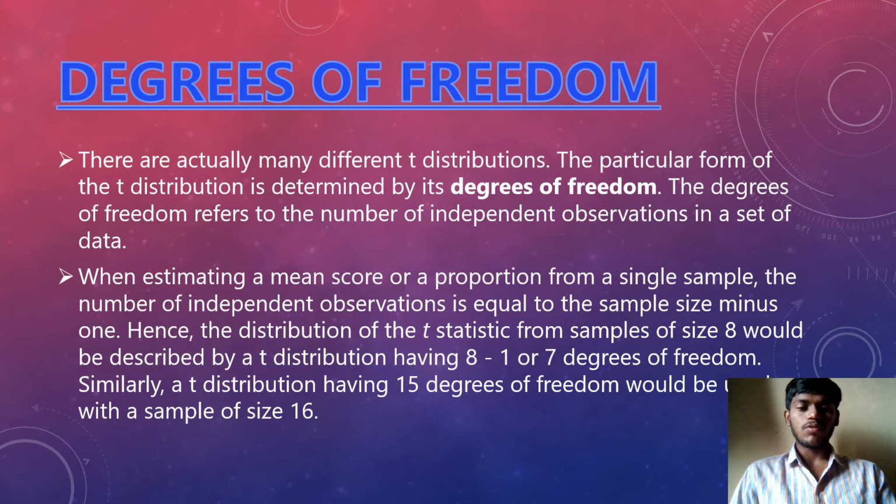Hence, the distribution of the t-statistic from a sample of size 8 would be described by the t-distribution having 8 minus 1, or 7, degrees of freedom. Similarly, a t-distribution having 15 degrees of freedom would be used with a sample of size 16.